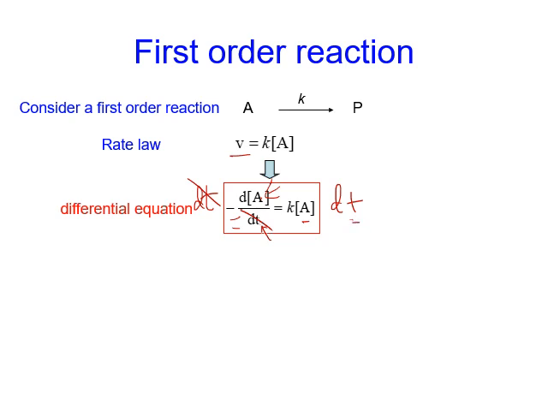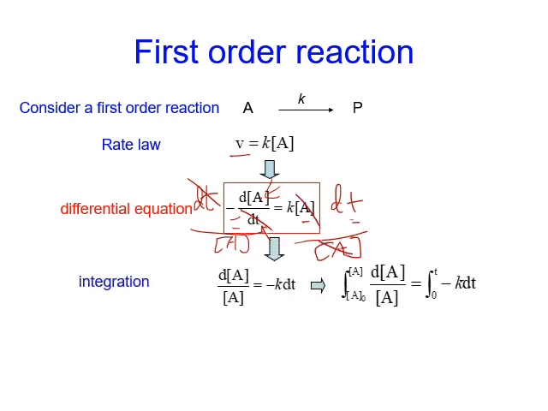So in order to move A to the left side, we divide by the concentration A on both sides. This cancels on the right side. That gives you this equation. The left side now becomes dA over A, only one variable A. On the right side is negative k dt, so only t, time, is the variable.